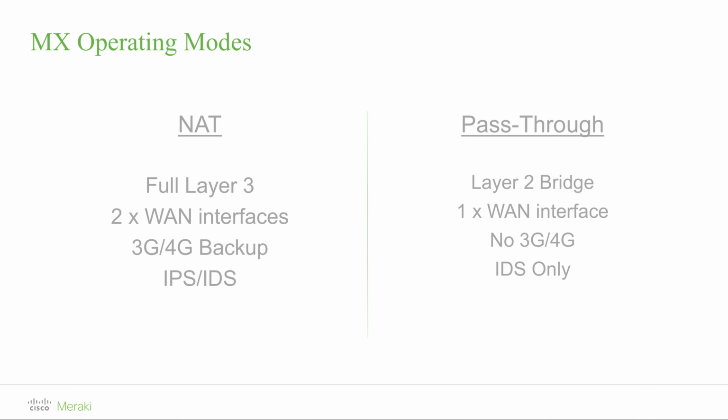If you want the box to act like a device sniffing packets, understanding what people are doing, a lot of customers actually use pass-through mode first to sniff packets and understand what's going on, and then they start to create a policy, and then they move it to NAT mode. And in pass-through, we do have another mode, called VPN concentrator, and we will talk in more detail about how you can use the MX in VPN concentrator mode.